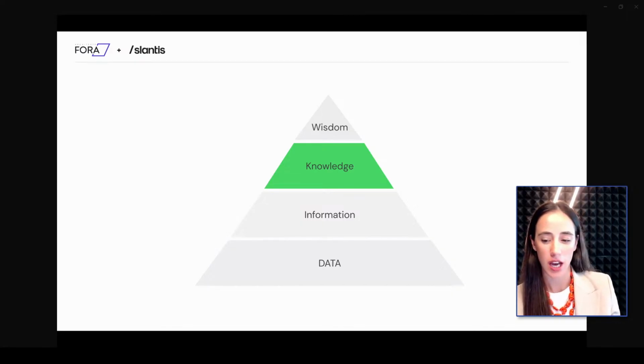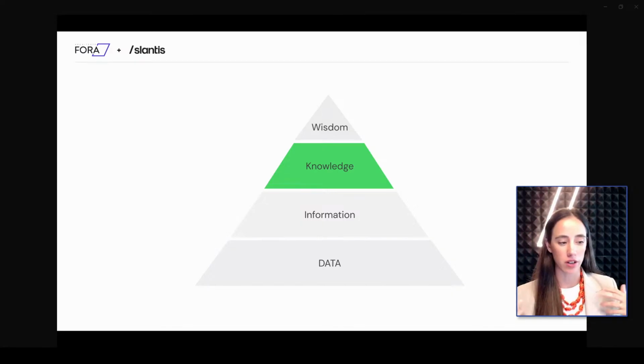Knowledge is the understanding and true interpretation of information, shaped by experience, which is what Leah was saying about this old guy. It's learning and context, really making sense of the information, connecting the data and what's happening, giving it context, and using it for something that is practically applicable.